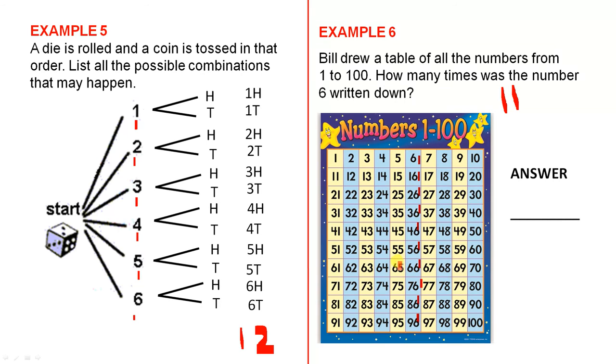Now let's try this row here. Ready? 1, 2, 3, 4, 5. We've already done this one. 6, 7, 8. See that? So there's 8.